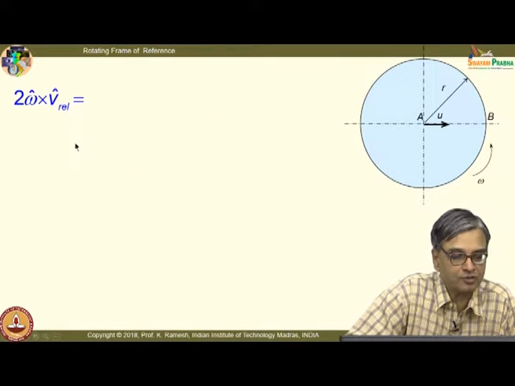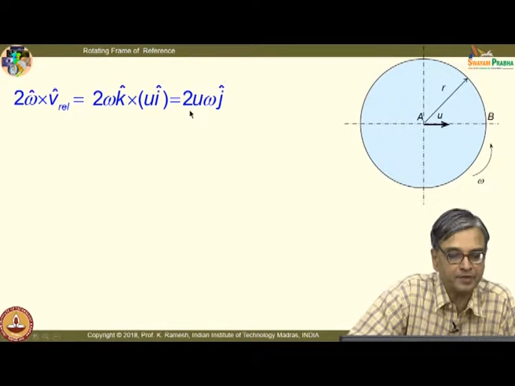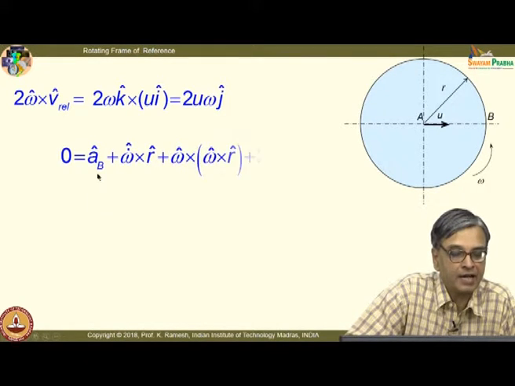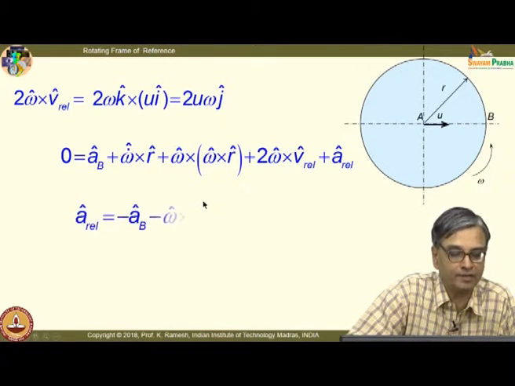So, when I do this 2 omega cross V rel, I get this as 2 omega k cross u i, that is simply 2 u omega j, and I have this 0 equal to the rest of the expression is written. You can see again the 0 quantities are not fully removed.